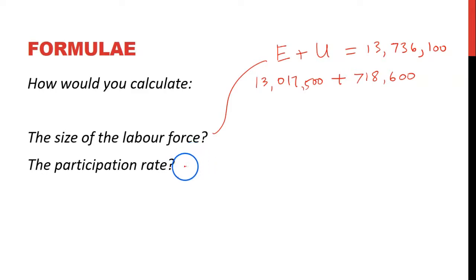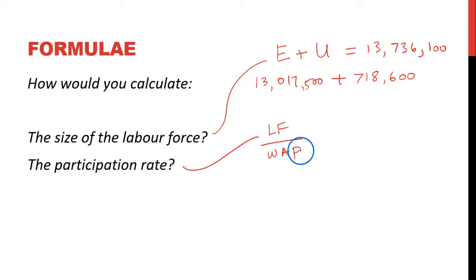What about the participation rate? The participation rate is going to be the labour force divided by the working age population. So it's the fraction of the working age population who is either employed or looking to be employed.